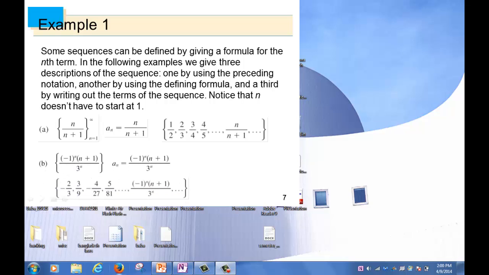Next example is the same idea. I have the sequence. The general term of the sequence is given by negative 1 to the n, multiplied with n plus 1 divided by 3 to the n. Notice that I didn't bother to write whether n starts at 1 or 2 or 3. If I don't say it, just assume that n starts at whatever the beginning number that makes sense.